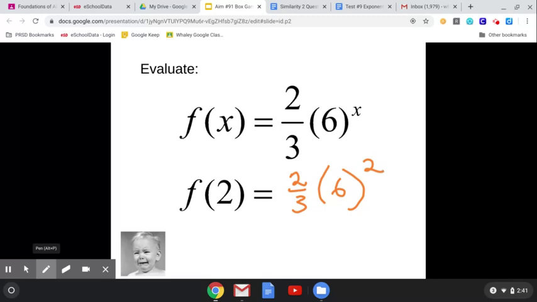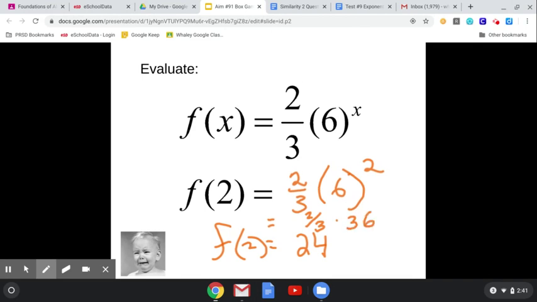Ended up with 24. 6 squared is 36. 36 times 2 is 72. 72 divided by 3 is 24. So there you have it. If you want to put that step in between, 2/3 times 36, that's what 6 squared is. Get 24.